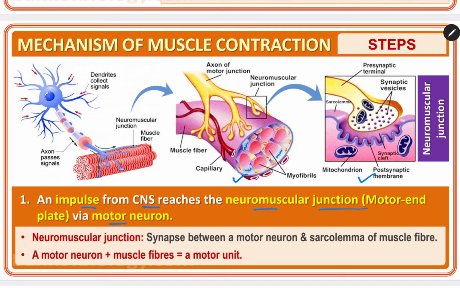So first of all, the message comes to the muscle fiber via the motor neuron, and it reaches the neuromuscular junction, where a neuron connects to the muscle. The neuromuscular junction is a synapse between a motor neuron and the sarcolemma of the muscle fiber. A motor neuron plus a muscle fiber is called a motor unit.